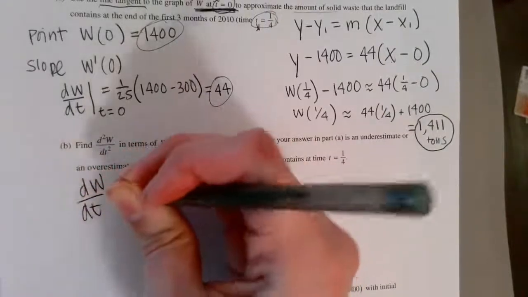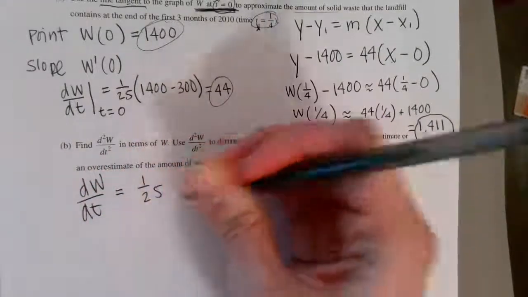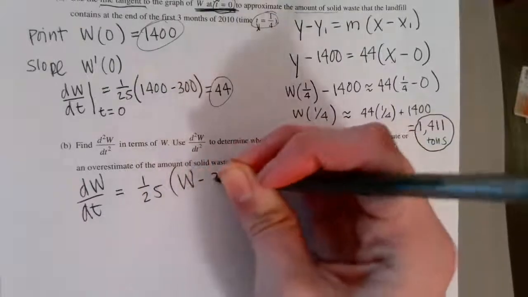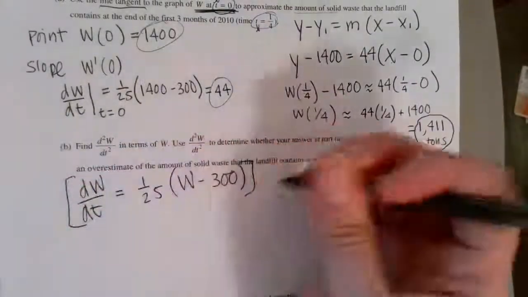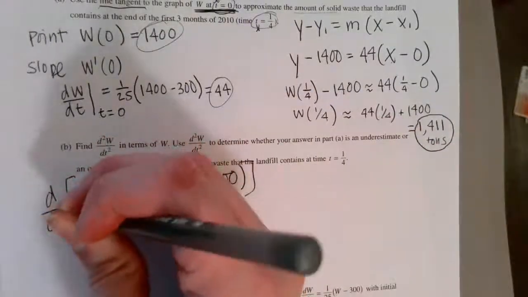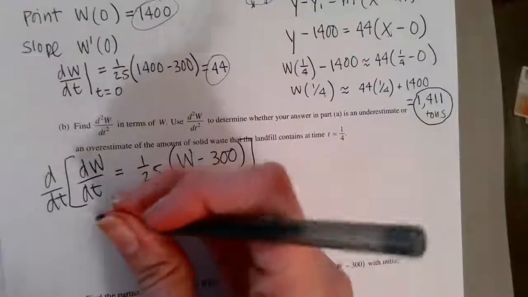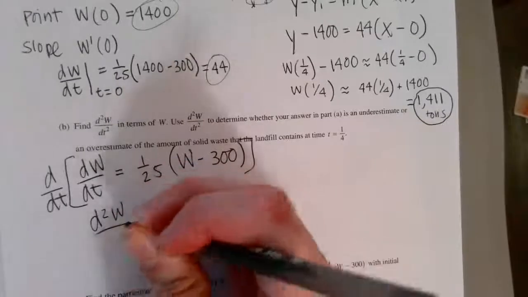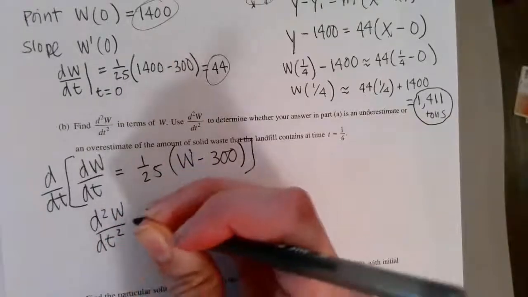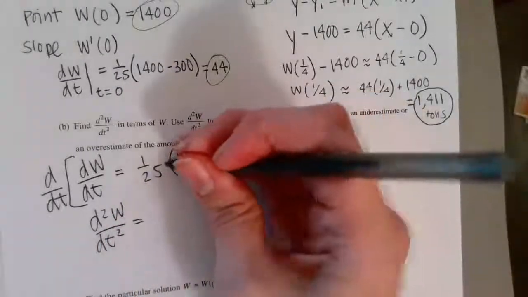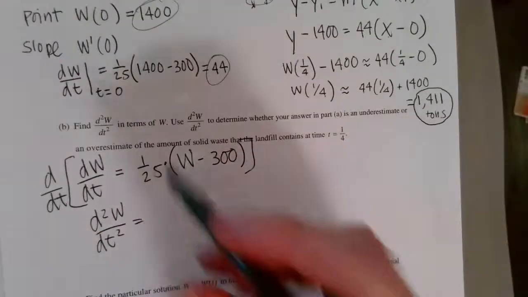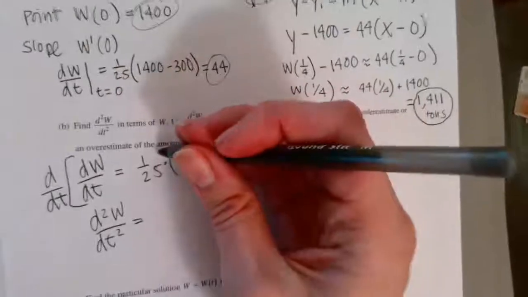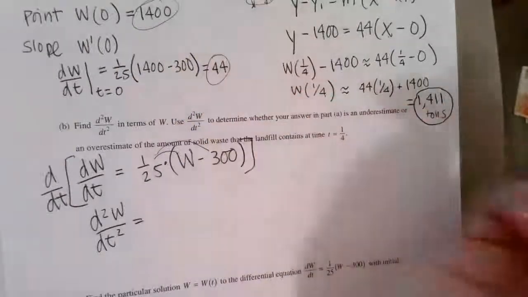dW/dt equals 1/25 of (W minus 300), and I'm going to take a derivative with respect to t. This is d squared W over dt squared equals, now I see a product happening here. So I could use the product rule, or I could go off to the side and distribute before I differentiate. That'll make my life a little easier.